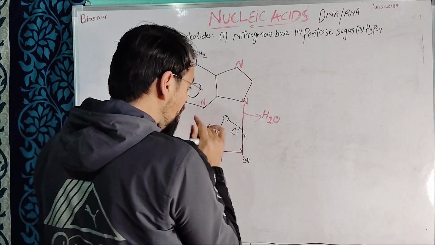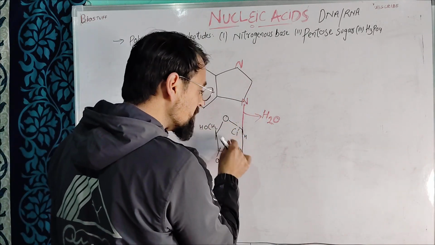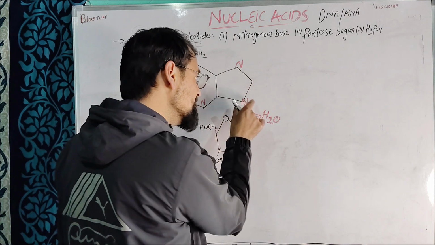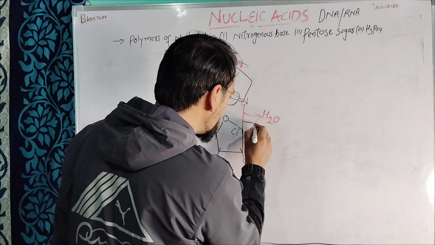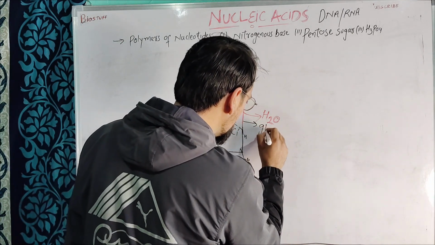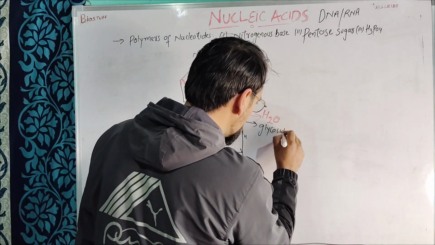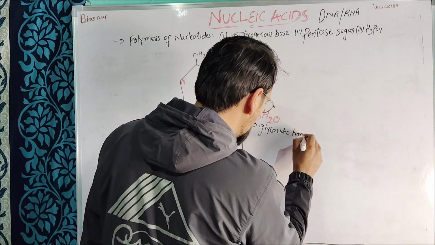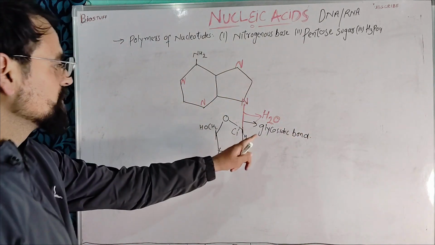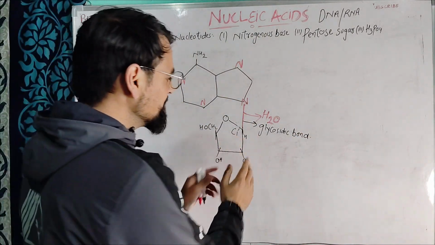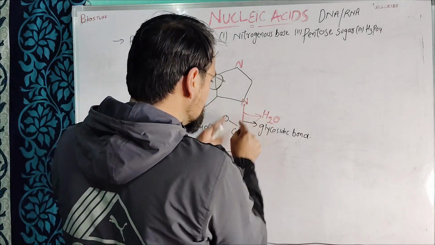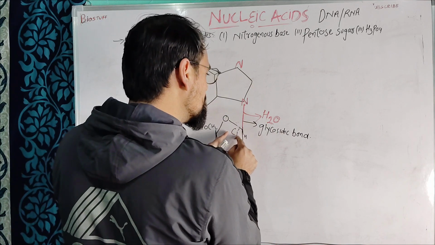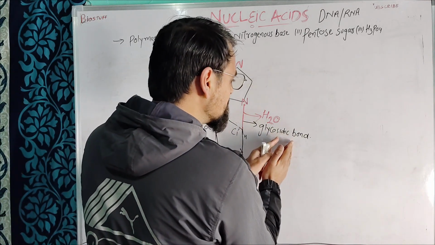So always carbon 1 prime of the sugar is used, and if it is a purine, then position number 9 is involved in the formation of the glycosidic bond. This bond is called the glycosidic bond. So remember, in purines, position number 9, and from the sugar, always carbon 1 prime is involved in the formation of the glycosidic bond.